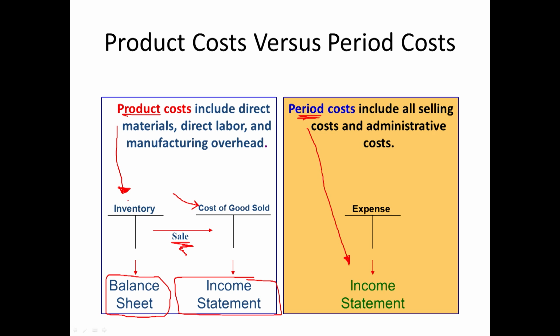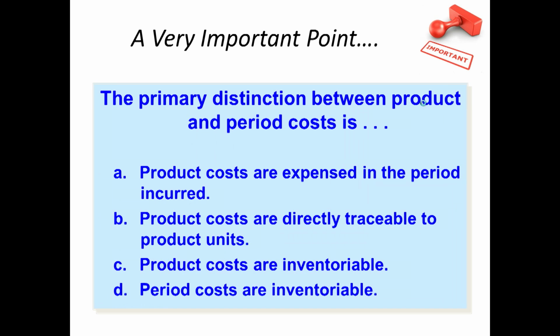Product costs work their way through the inventory accounts first on the balance sheet, and only when they are sold do they go to the income statement through cost of goods sold. This is just so mucho importante, which is Spanish for very, very important, okay? Let's talk about this more.